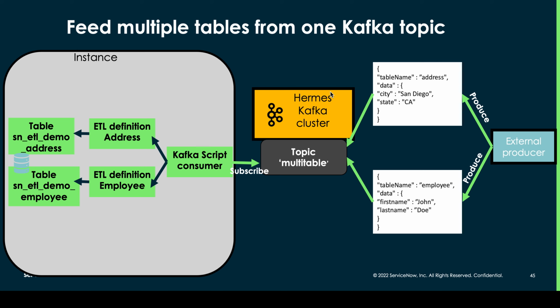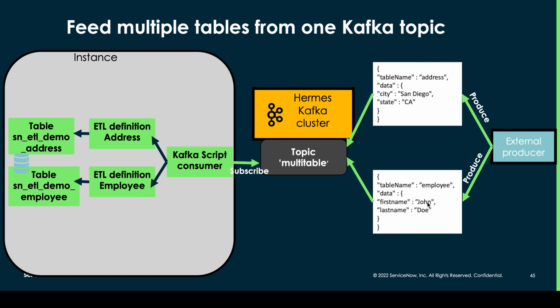Just do a mapping, and that's fine. Flow Designer, it's fine. I wanted to cover and address the question that I got from a customer who wanted to use our ETL, Transform Map, or Robust Transform Engine. And to be honest, it's not that easy out of the box to do that. So I'm going to go over that.